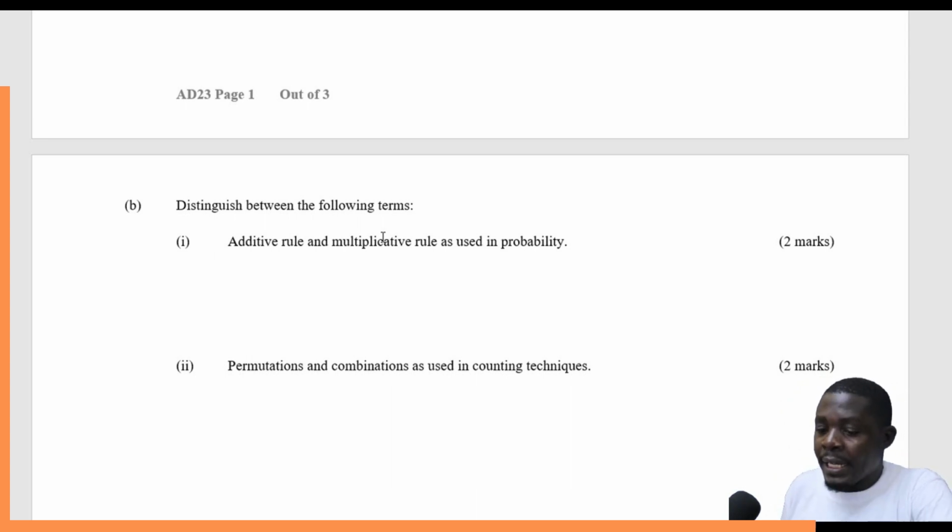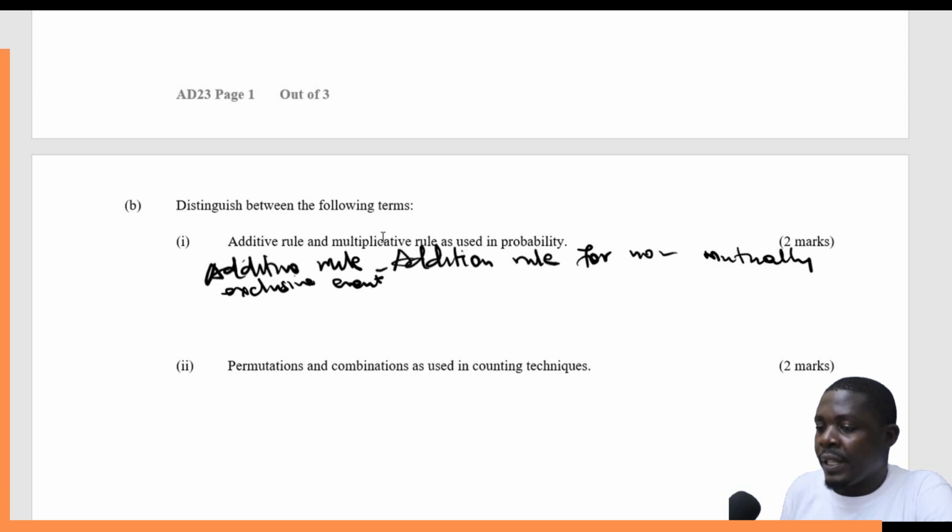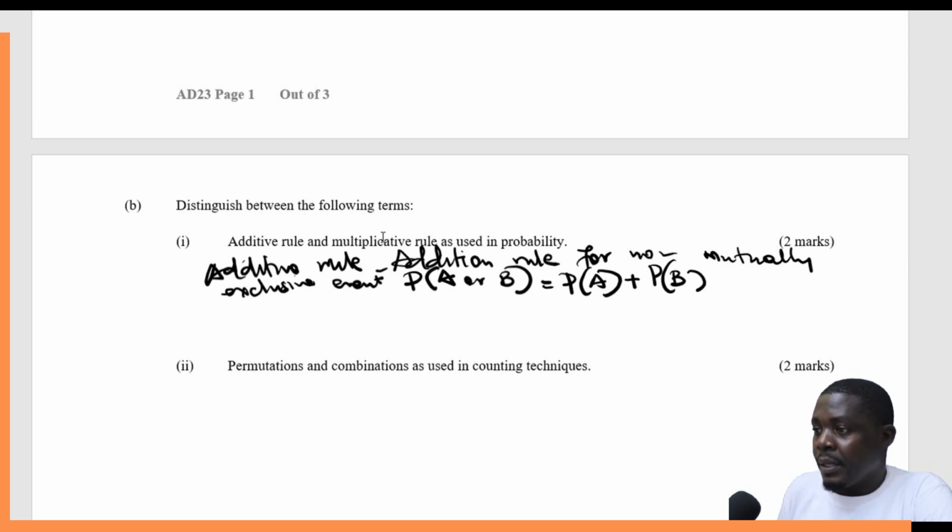In short, it is just the rule of adding the probabilities. This additive rule is the addition rule for non-mutually exclusive events and mutually exclusive events, for example, you can have the probability of A or B, which can be presented as the probability of A added to the probability of B minus the probability of A and B.